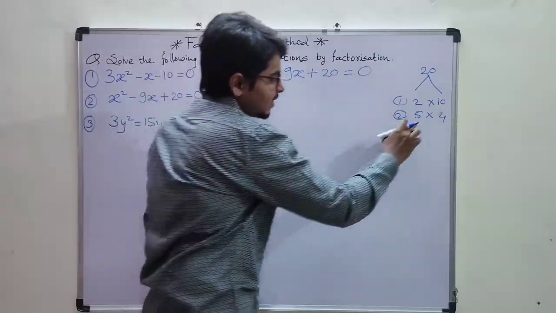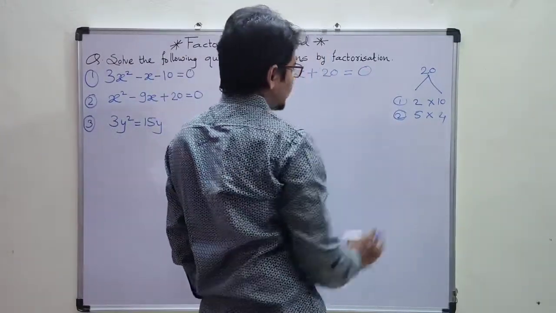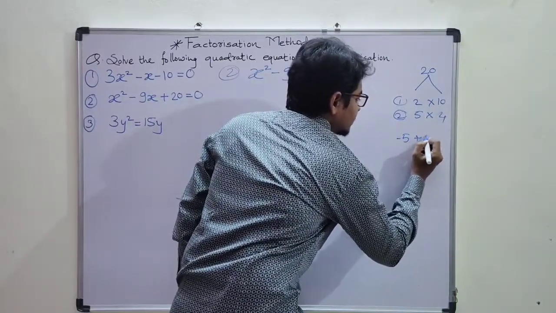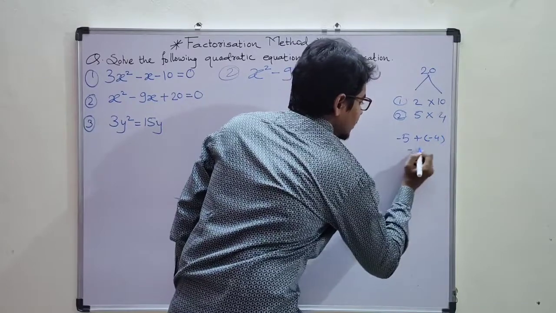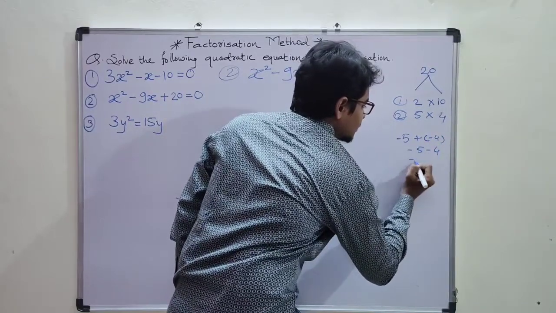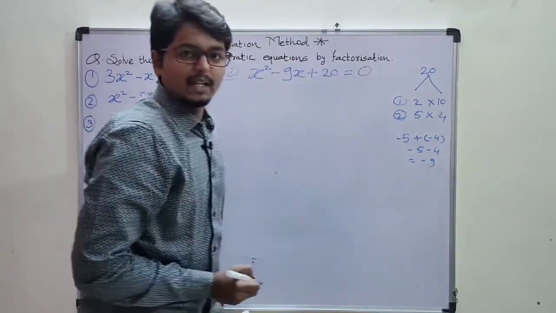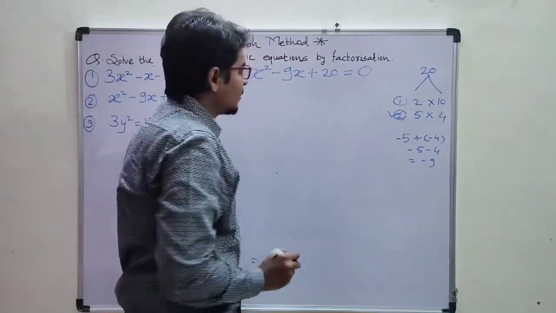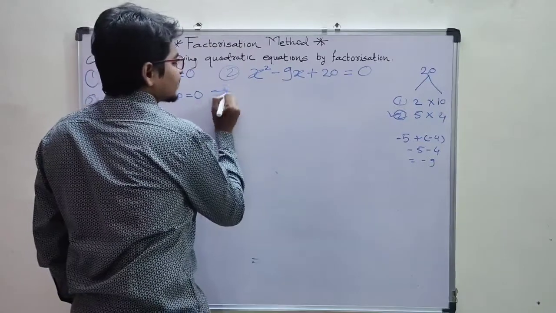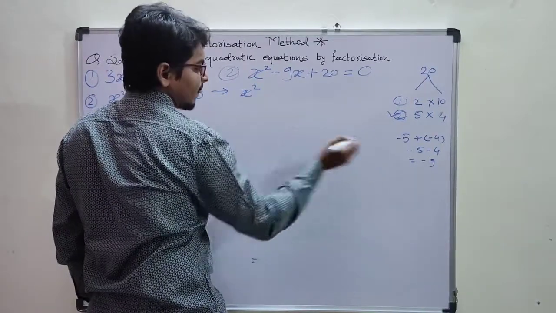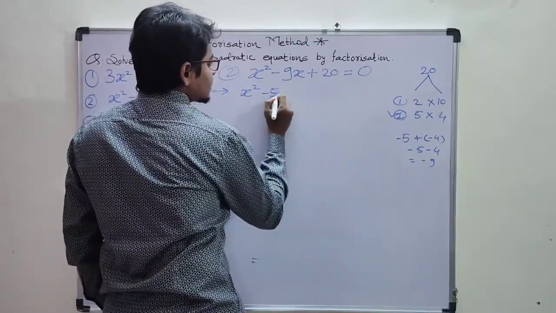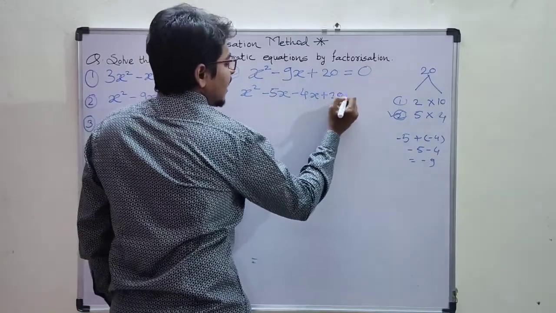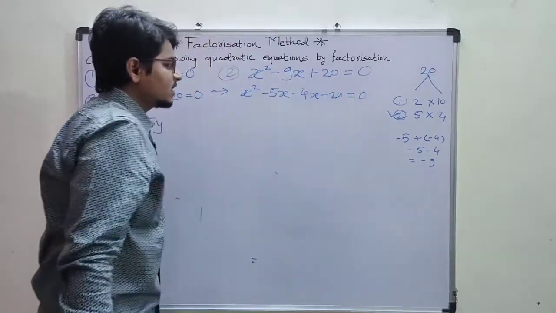But if you observe here, 5 into 4, and if you take minus 5 and minus 4, it will finally be minus 5 minus 4, which is equal to minus 9. So we chose this second pair, minus 5 and minus 4. So let's start. x square minus 5x minus 4x plus 20 is equal to 0.